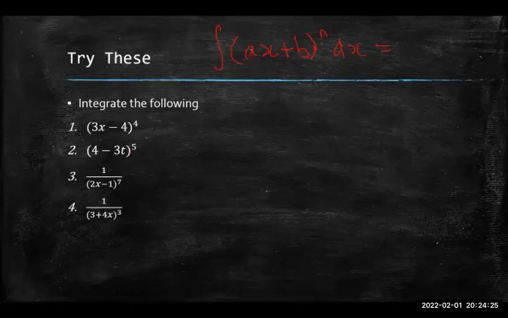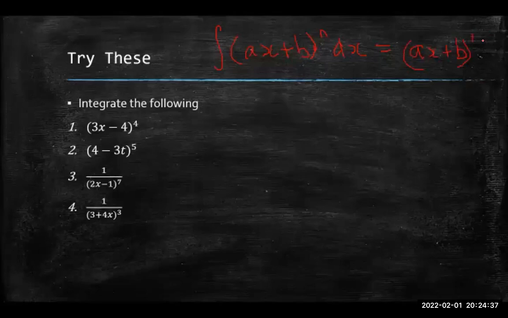So this is the rule here, right? All you're doing, like I said, is following the rules. It's literally that. So (ax plus b) to the n plus 1, divided by, when you see an expression in this form, you have to multiply by a.